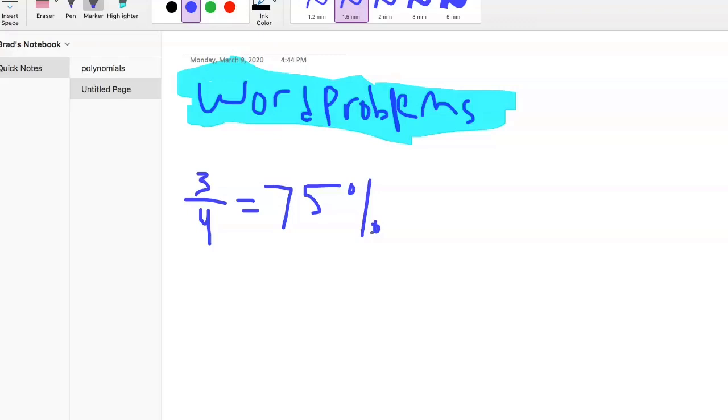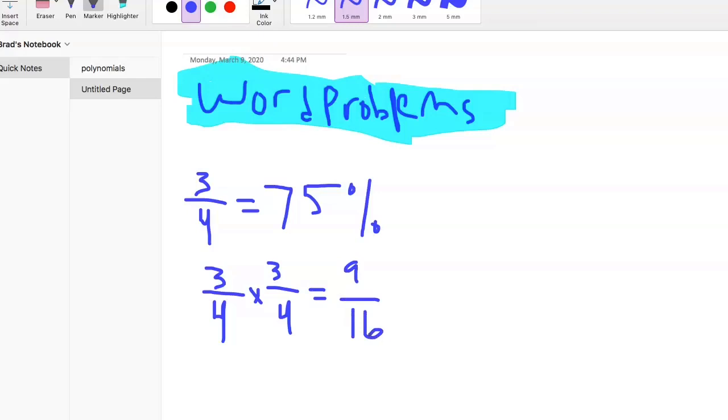That's consecutive events. Anytime we think about consecutive events, we think about multiplying them together. Every time he throws, he has a 3/4 chance of throwing a strike. So 3/4 times 3/4 equals 9/16. 3 times 3 is 9, 4 times 4 is 16.